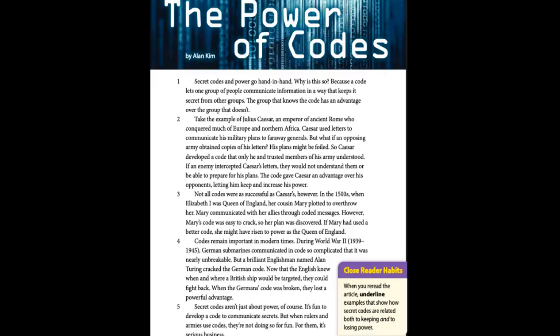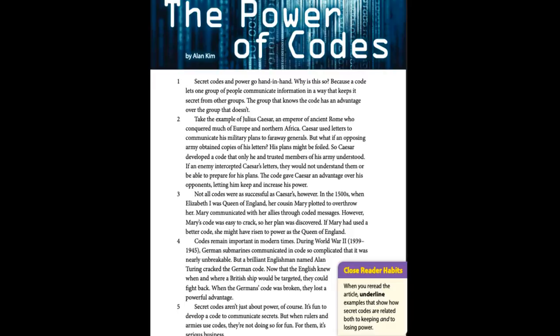Secret codes and power go hand in hand. Why is this so? Because a code lets a group of people communicate information in a way that keeps it secret from other groups. The group that knows the code has an advantage over the group that doesn't. Take the example of Julius Caesar, an emperor of ancient Rome who conquered much of Europe and North Africa. Caesar used letters to communicate his military plans to faraway generals.